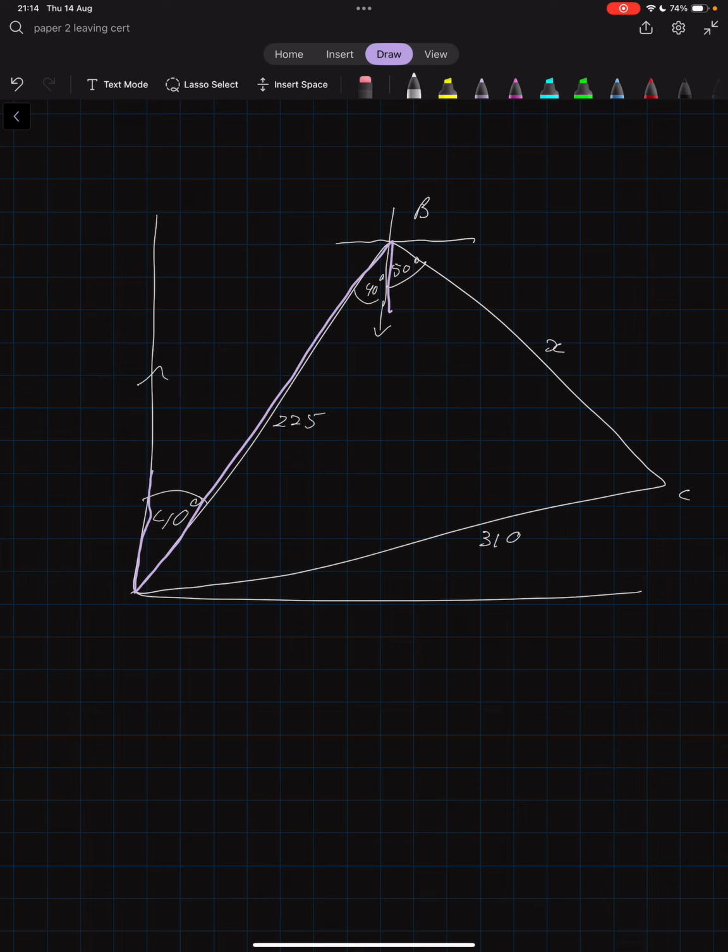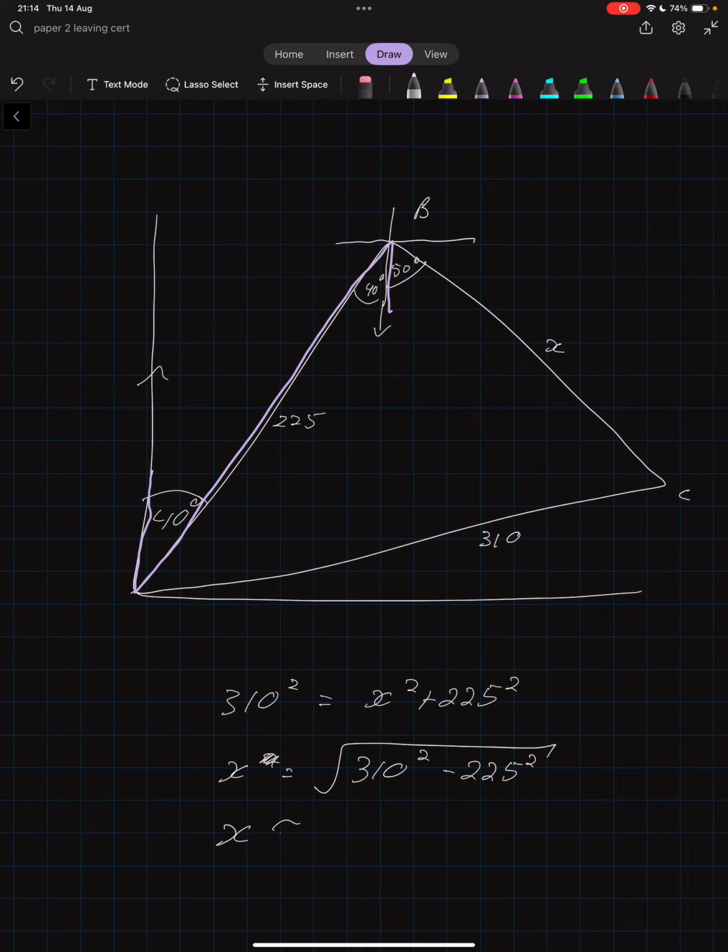Okay? So that means that 310 squared is equal to x squared plus 225 squared. So x is equal to the square root of 310 squared minus 225 squared. So x is approximately equal to 213 meters.